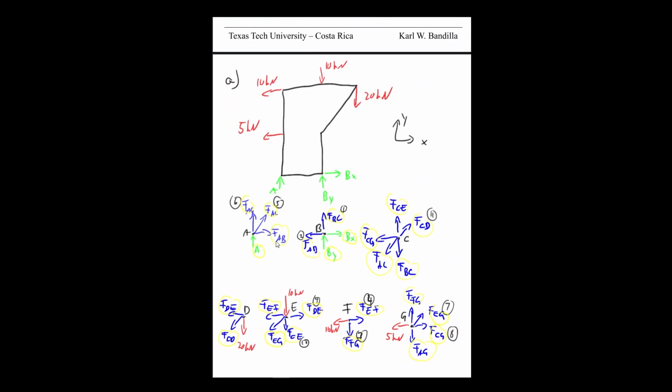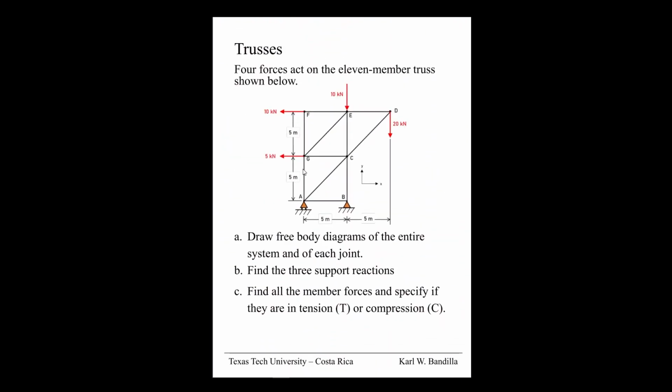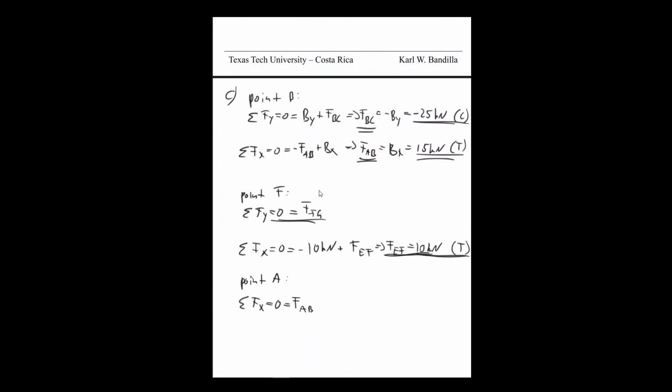So I have FAB, and I have FAC. Now it's at an angle, but these are all 45-degree angles, so that's good. It's easy.